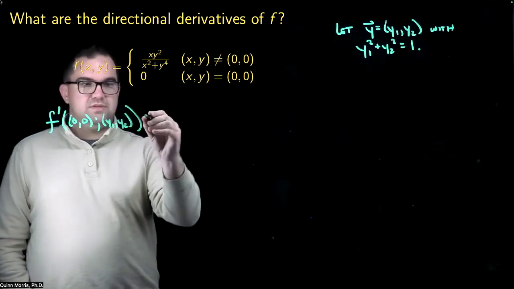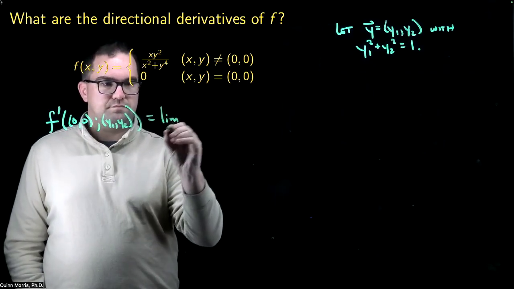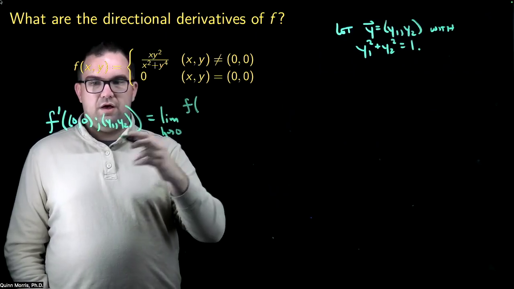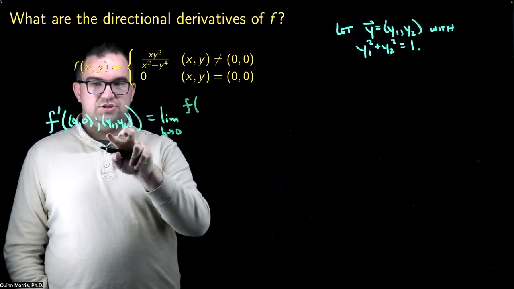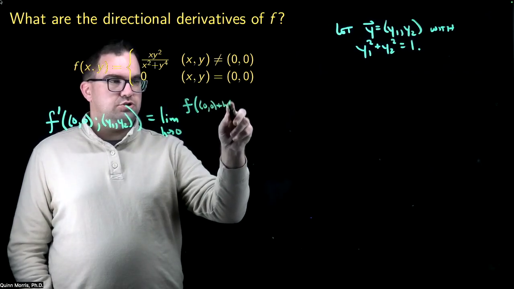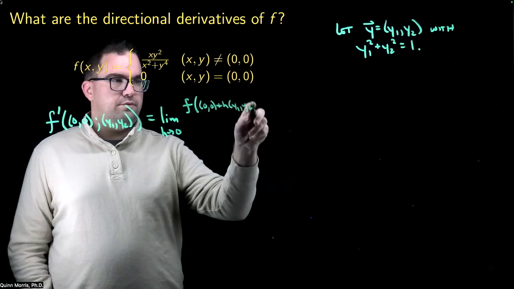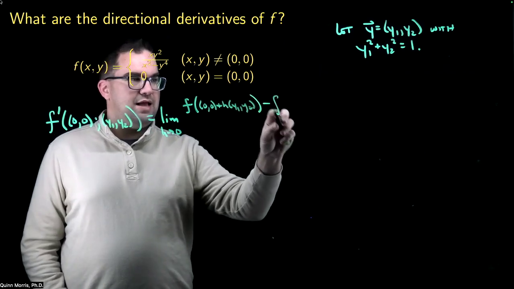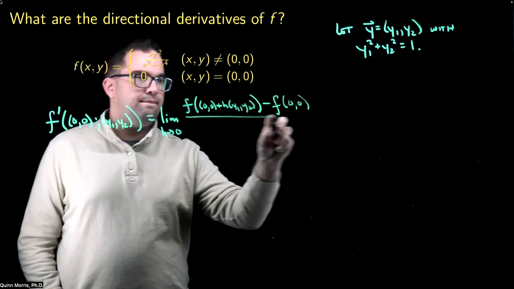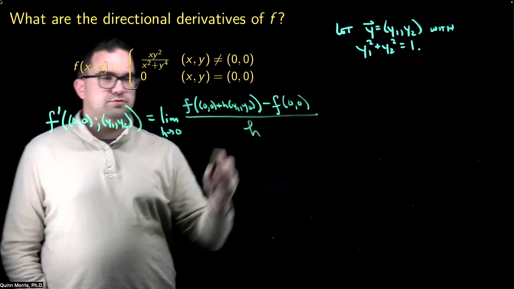What would this be? This would be the limit as h goes to 0 of f of (0, 0) plus h times (y1, y2), minus f of (0, 0), all divided by h.